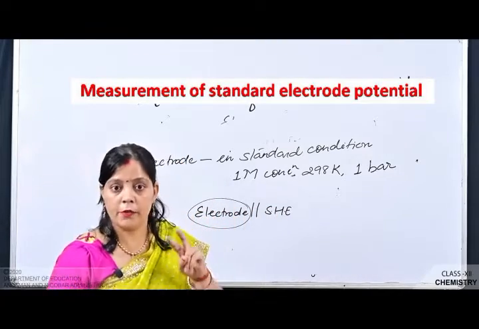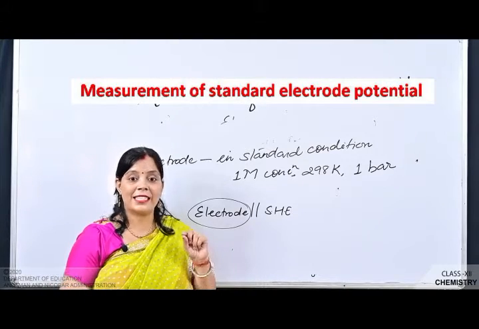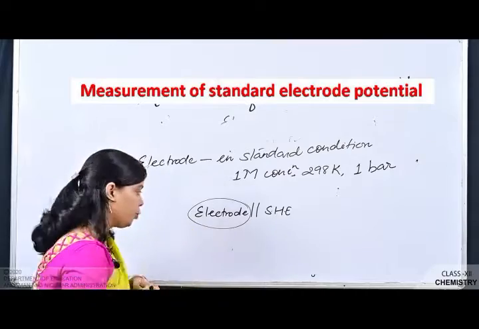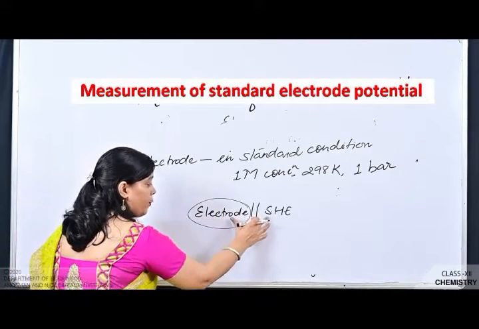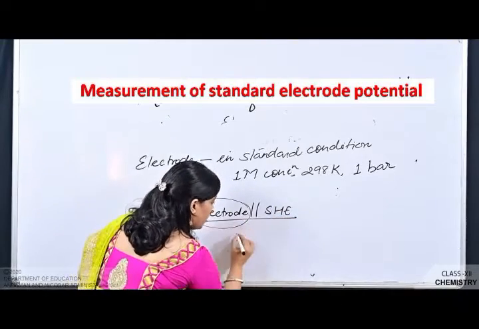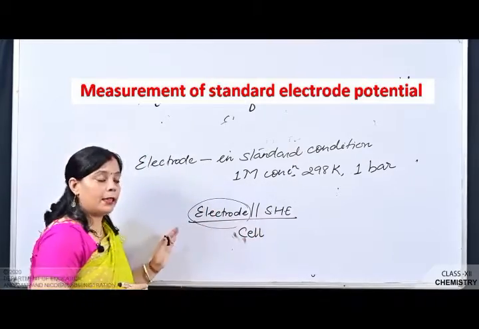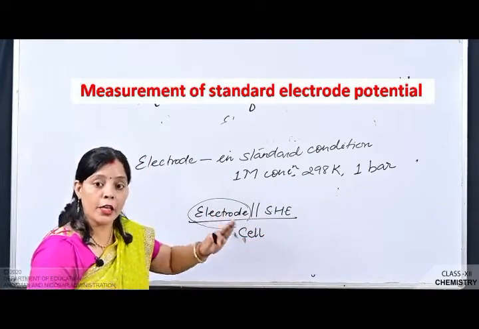So students, when the electrode is attached to the standard hydrogen electrode, two more instruments must be added between them. First, the potential difference is determined with the help of a potentiometer. When we attach the electrode with the standard hydrogen electrode to form a complete cell, that cell must contain a potentiometer.